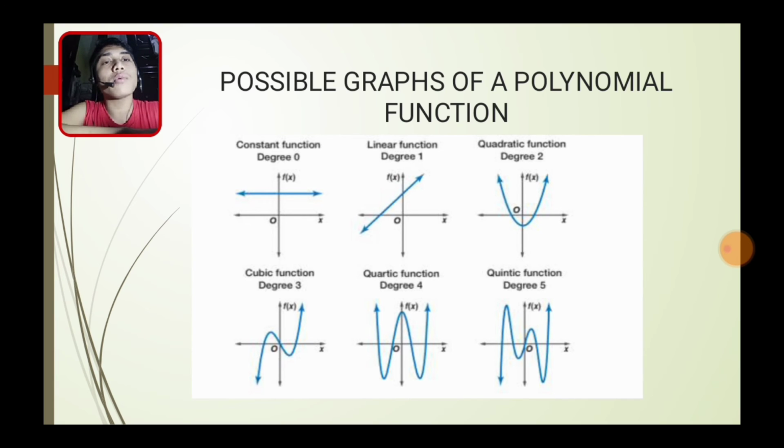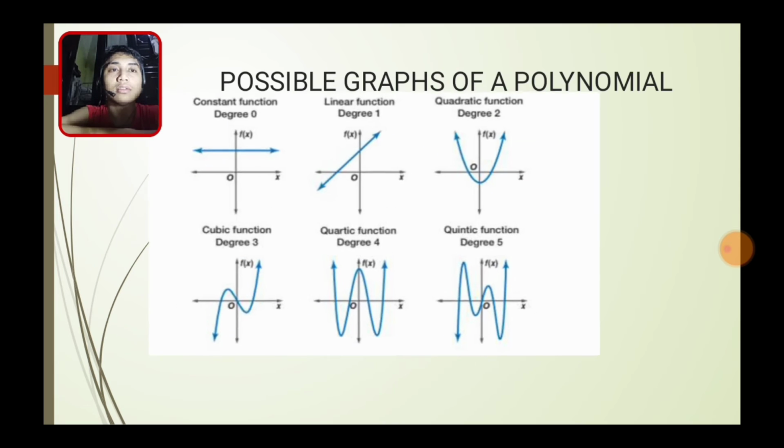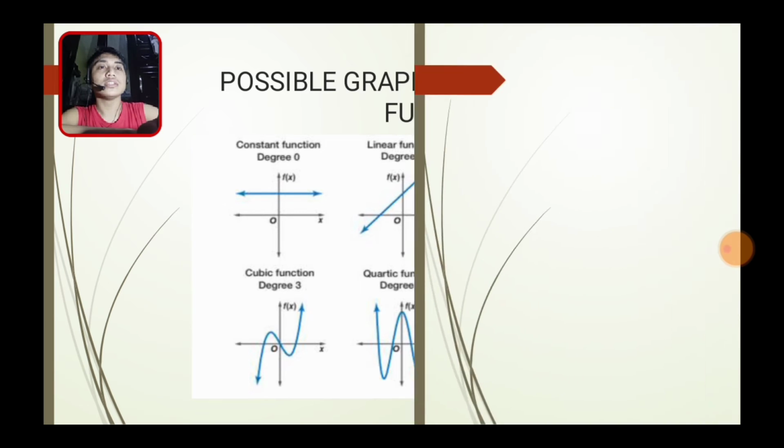Next, the quartic function: 1, 2, 3, 4. It is based only on how many directions. We have 4 directions, so the graph is for the quartic function. If there are two, then it is a quadratic function. Next, we have the fifth degree: 1, 2, 3, 4, 5.